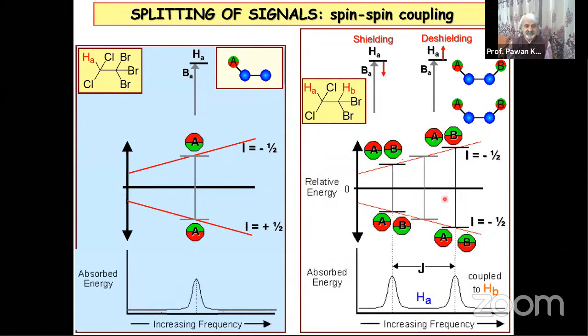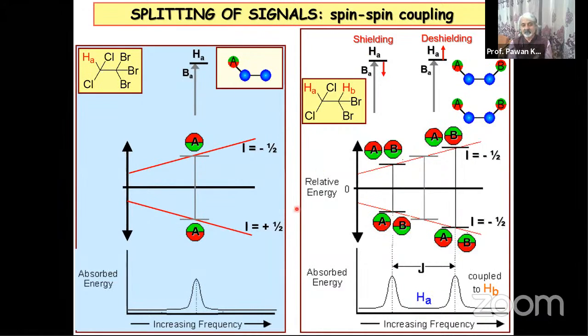When HB is opposed to the applied magnetic field, it has a further shielding effect. When HB's field is aligned with the applied field, there is a deshielding influence, because the effective magnetic field felt by HA would be higher. So we will have some nuclei shielded and some deshielded.